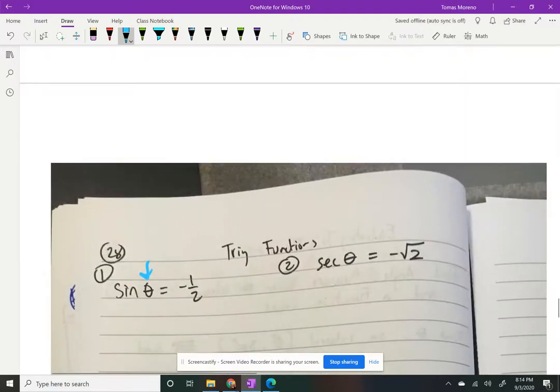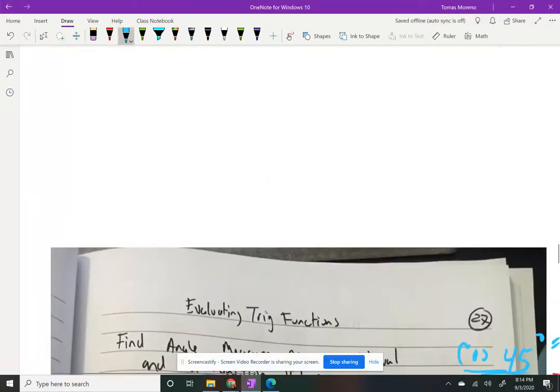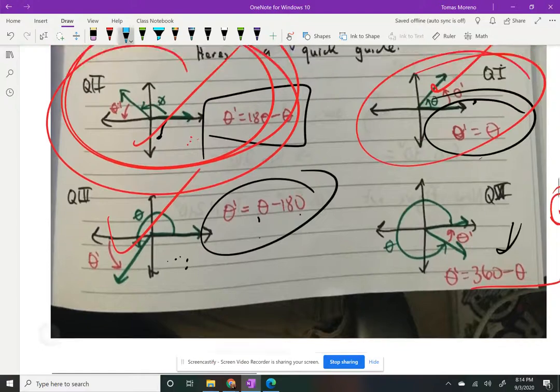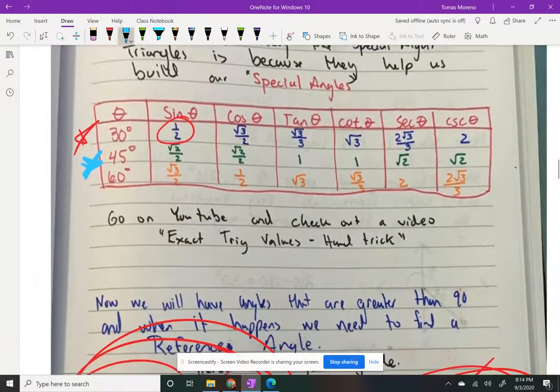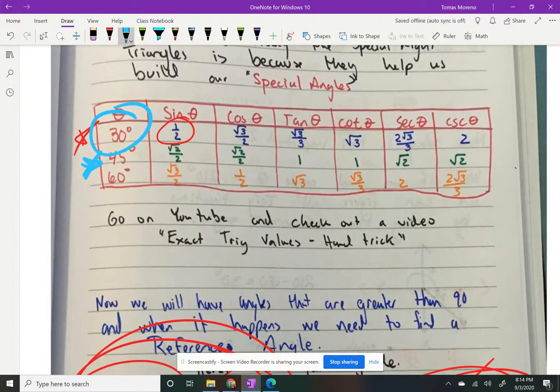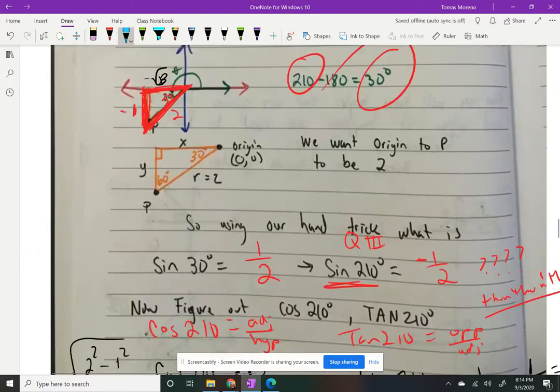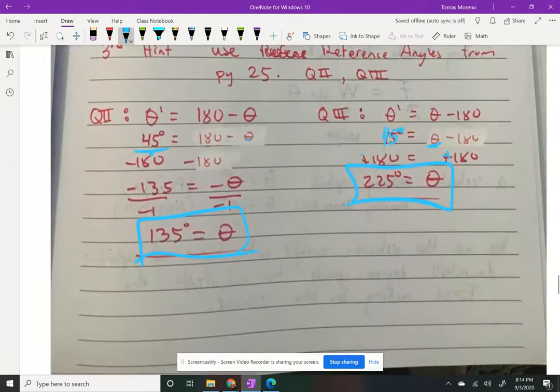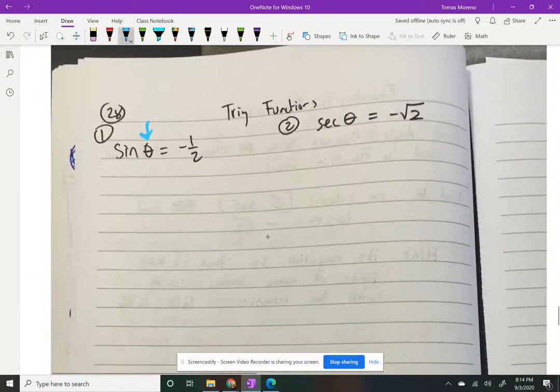Okay, so let's go to 1/2. Bam. Sine of 30. So that means our reference angle is going to be sine of 30, and that's 1/2. Now we have to figure out when sine is negative.